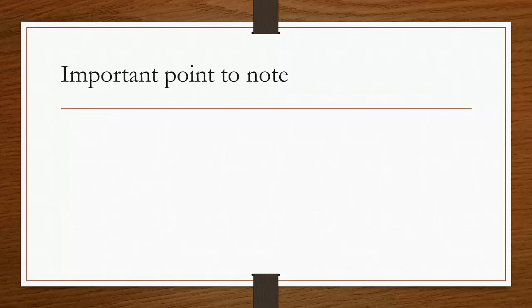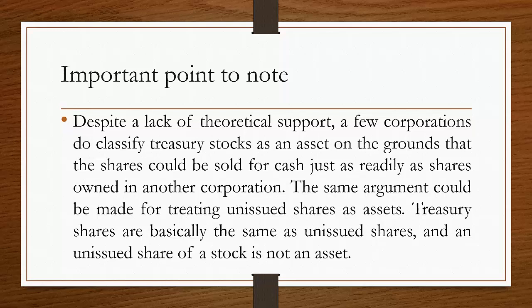Some important points to note here is, despite a lack of theoretical support, a few corporations do classify treasury stocks as an asset on the grounds that the shares could be sold for cash just as readily as shares owned in another corporation.